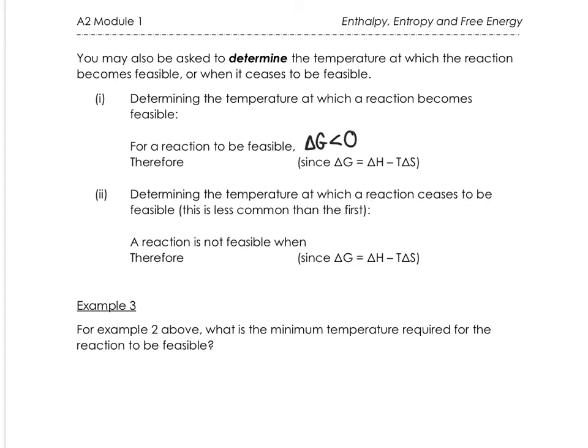Now, since delta G is delta H minus T delta S, that means that delta H minus T delta S must be less than 0. Does that make sense? Yeah. So because delta G has to be less than 0, and because delta G is delta H minus T delta S, then that must be less than 0 also.